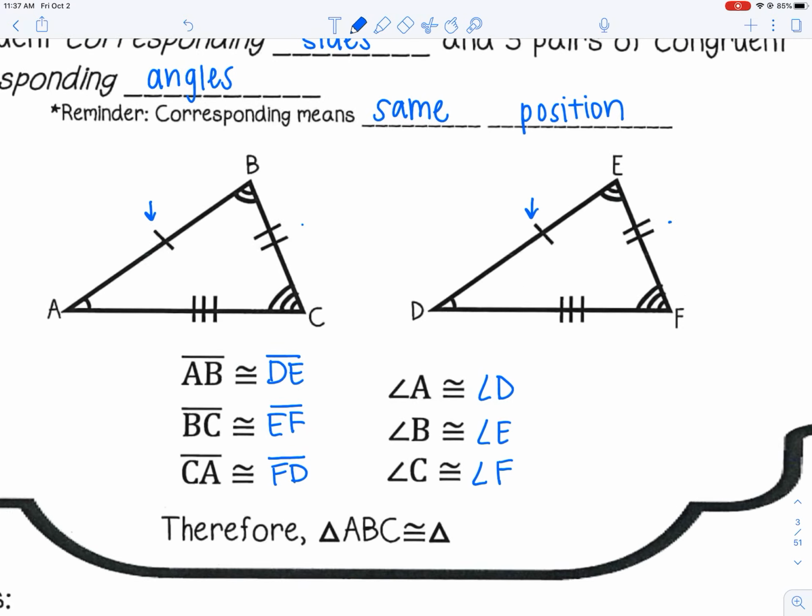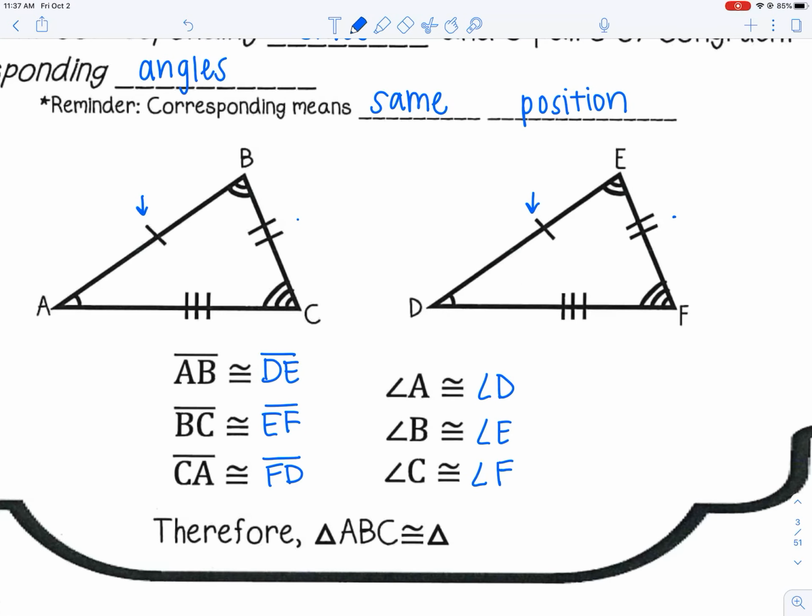So now each one of those sides or angles that has the same number of tick marks are corresponding angles or sides because they're in the same positions. So A corresponds to D, B corresponds to E, and C corresponds to F. So what we just wrote down here at the bottom is called a triangle congruency statement.